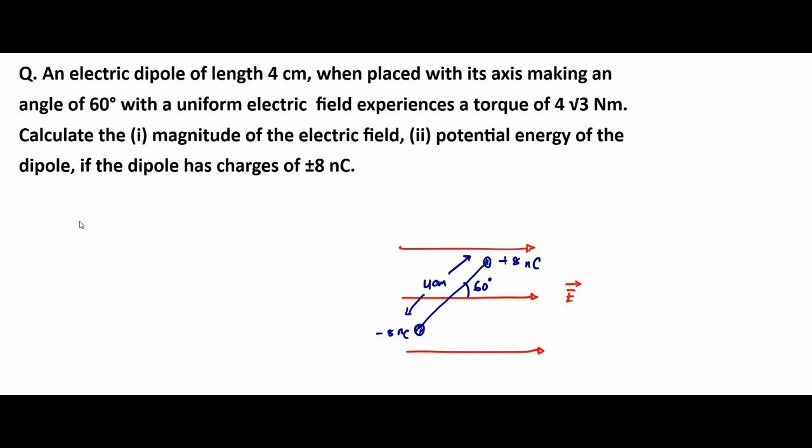So here the concept of torque of an electric dipole placed in a uniform electric field comes into play. That is given by pE sin theta, where p is the dipole moment, given by Q into 2a, the magnitude of either charge and the separation.